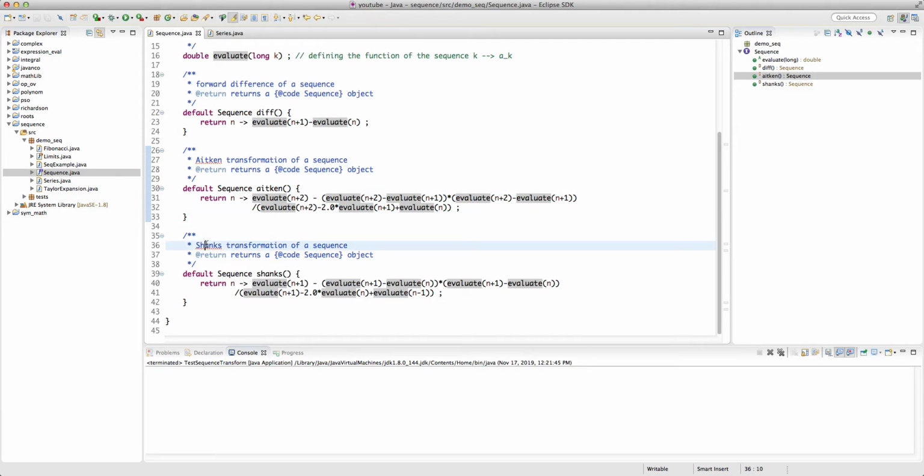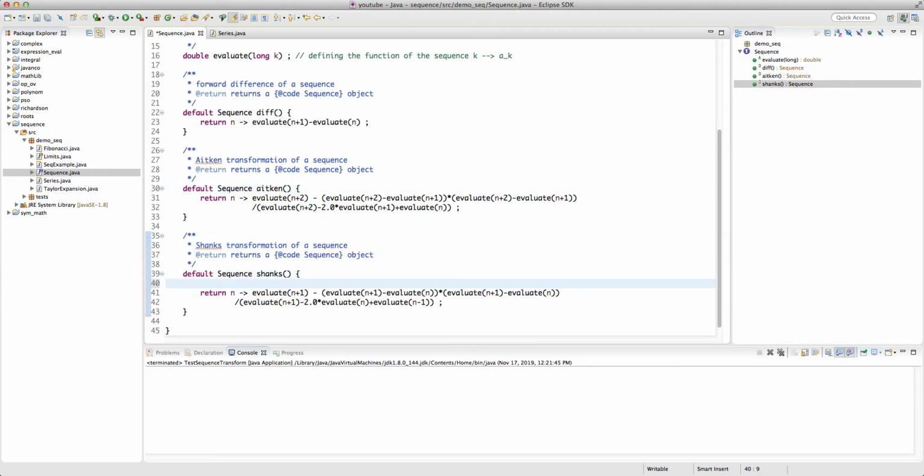And then for the Shanks transformation, I could just call the Aitken, and basically I could write something like this. So I could say return n goes to Aitken, or basically call the method Aitken at, because remember the return type is a sequence, so I can call the evaluate method on this and calculate at n minus 1.